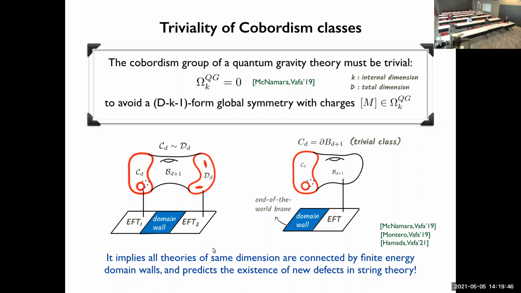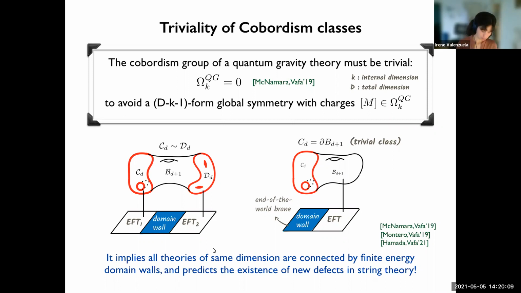So in particular, would it mean that any low energy EFT coming from a consistent quantum gravity has a gapped boundary condition, has a boundary to the trivial theory, has a suitable boundary? Yes, exactly. Yes, indeed. It has an end of the world brane.